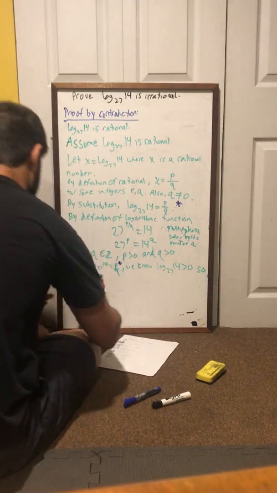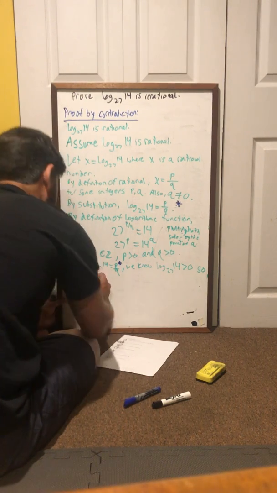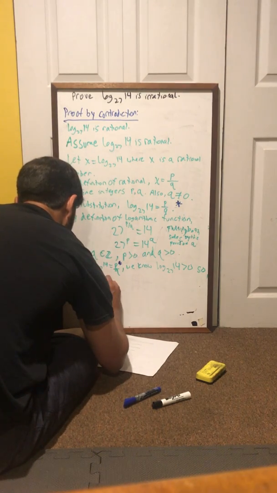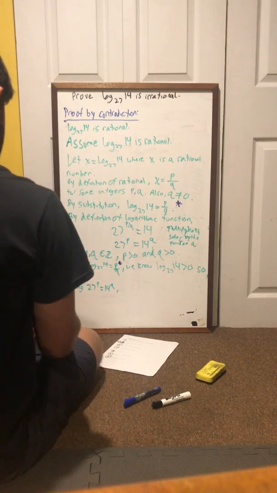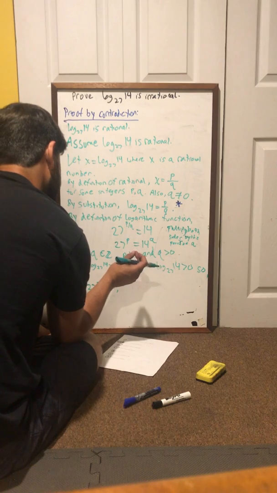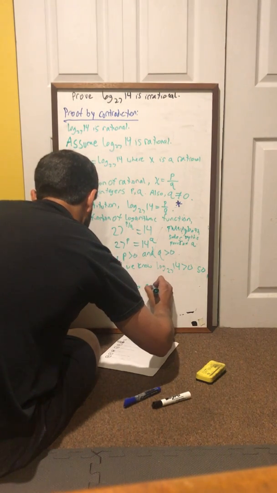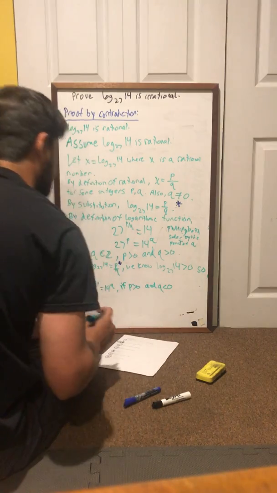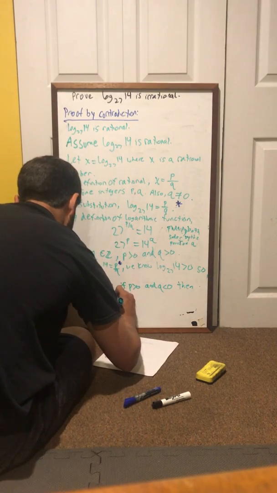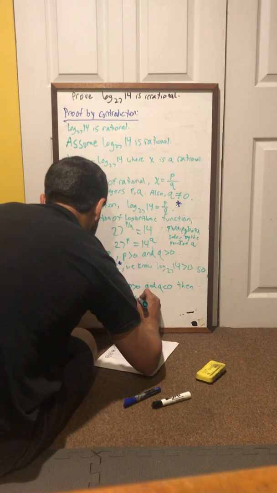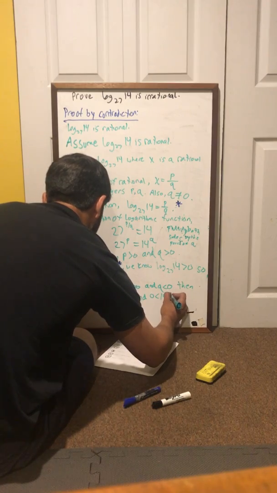Now, using 27 to the power of p equals 14 to the q, we know if p is greater than 0 and q less than 0, to create our contradiction, then 27 to the p is greater than 1 and 0 is less than 14 to the q is less than 1.